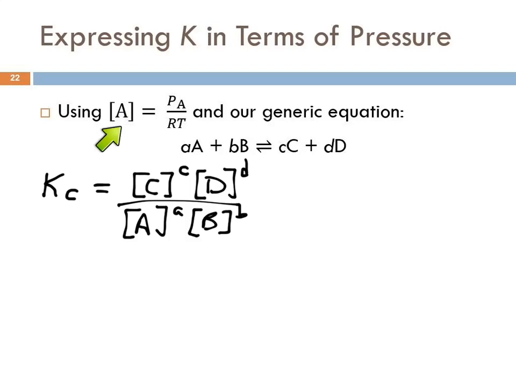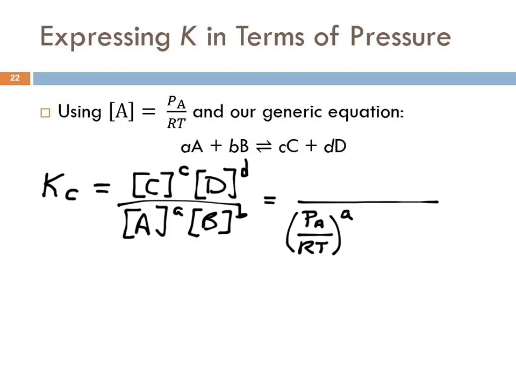Now we're going to plug this in for A, and it's going to be big and messy. So down here for A, I'm going to write PA over RT, raised to the power of that lowercase a. For B, all we have to do is change the subscript on the pressure, right?